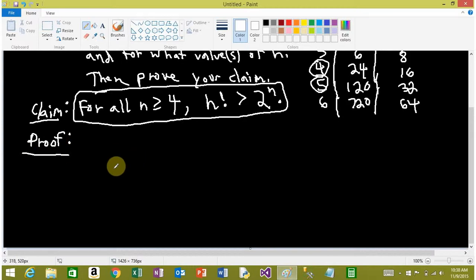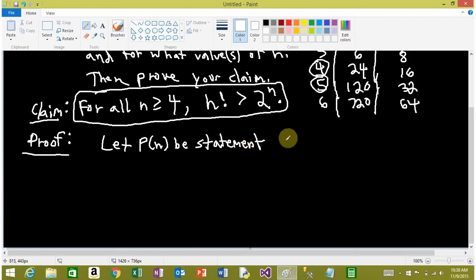So we're going to start just like we've done. We're just going to say let P of n be our statement: for all n greater than or equal to 4, we know that n factorial is greater than 2 to the n.